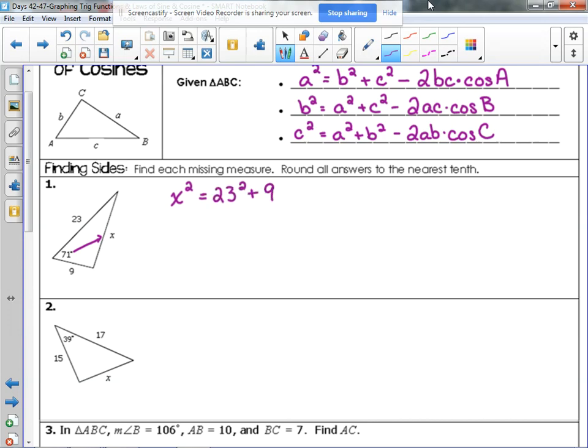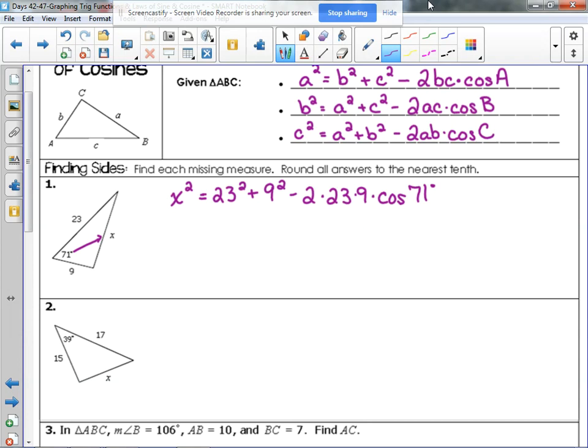Now, the order of 23 squared and 9 squared doesn't matter because you're adding them together. Minus 2 times 23 times 9 times the cosine of the angle opposite the side that's by itself on the other side of the equal sign, so 71 degrees.